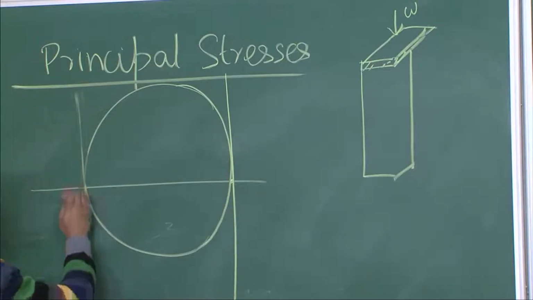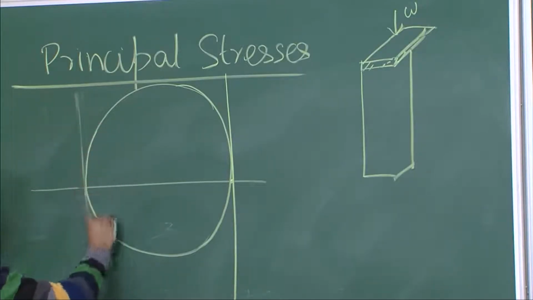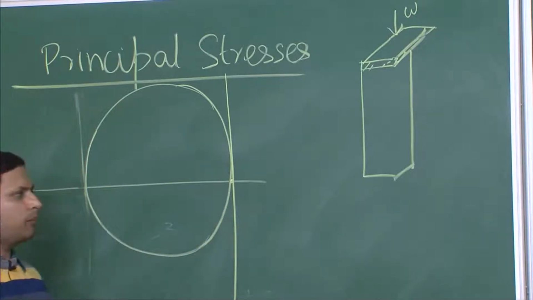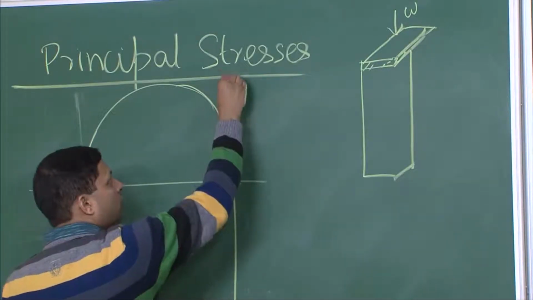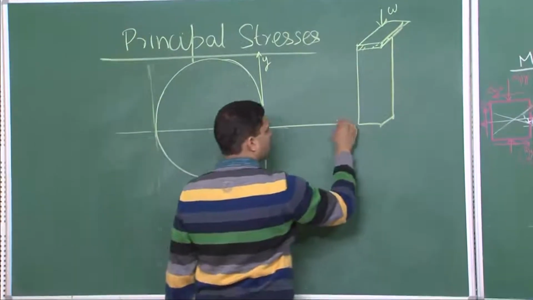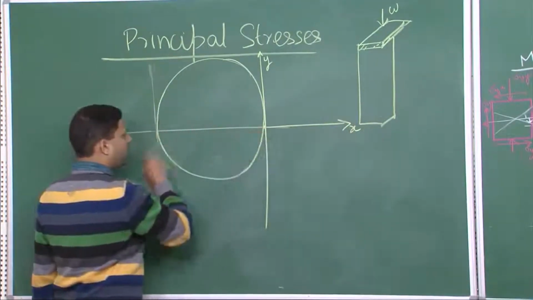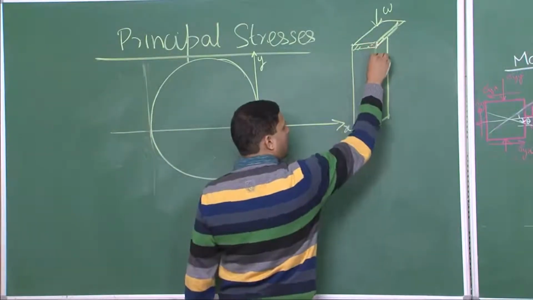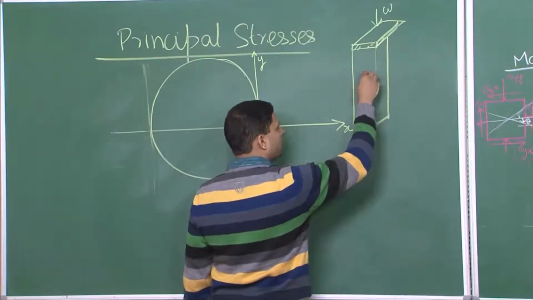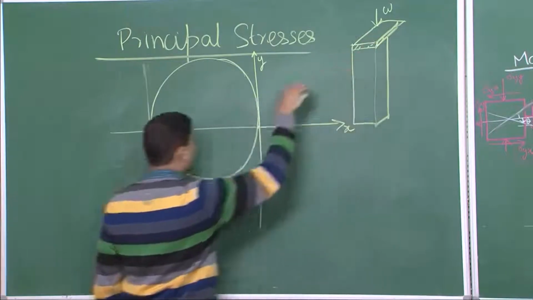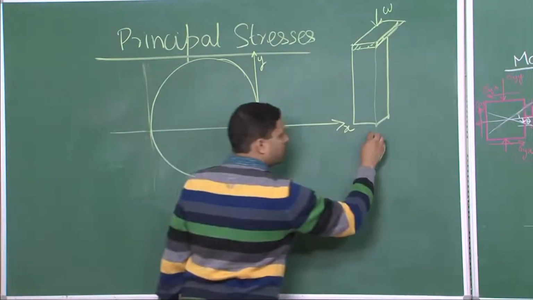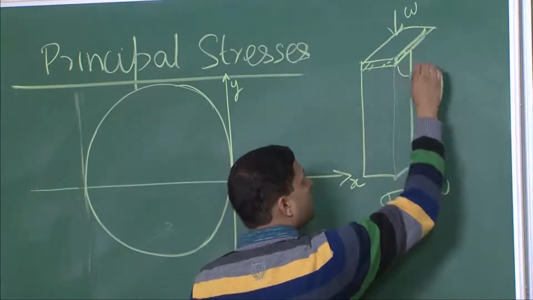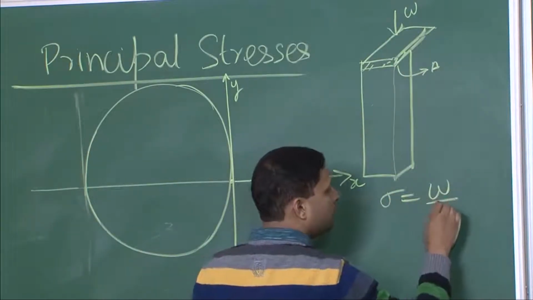So my circle is on the left side of the y axis, because we are talking about compressive stresses. This is your y axis, this is the positive x axis, and on the negative x axis we have the stress. When we look at the element in the normal condition, we have stresses acting on it, where W is the force and A is the normal area. So, stress equals W by A.